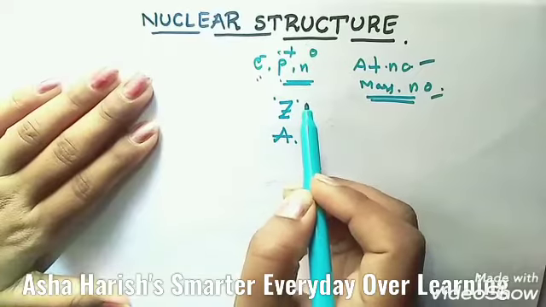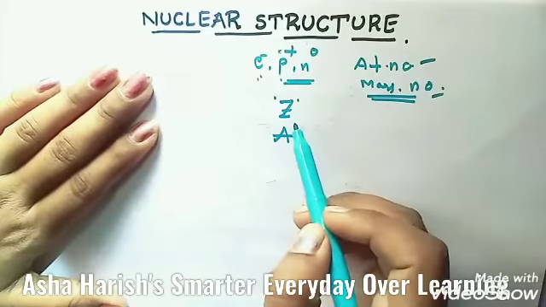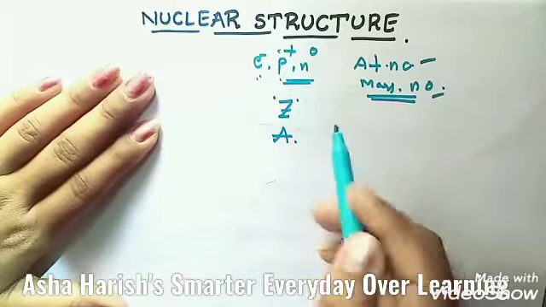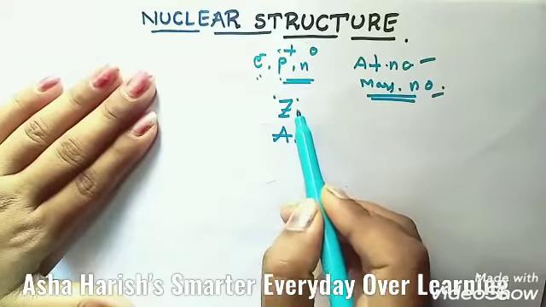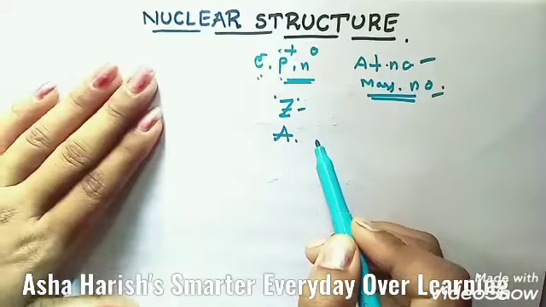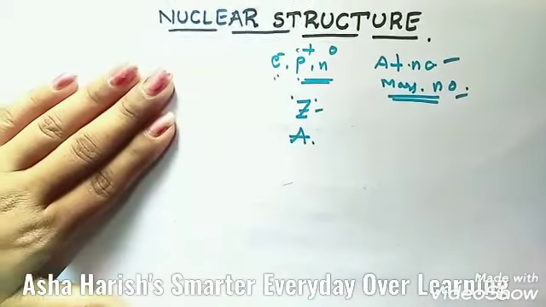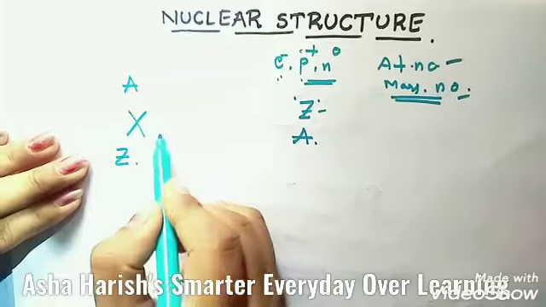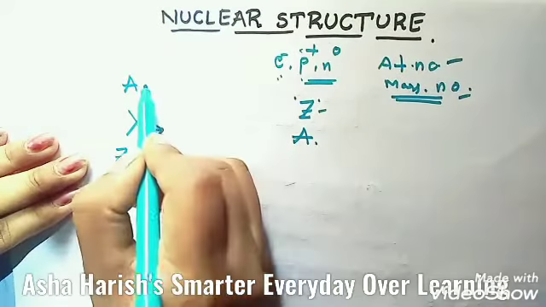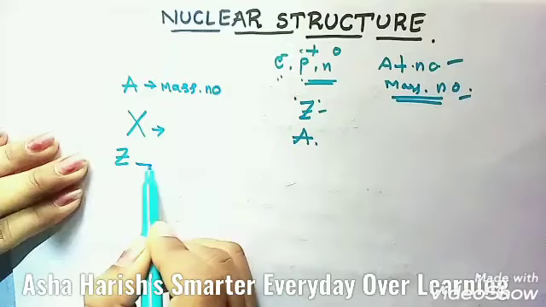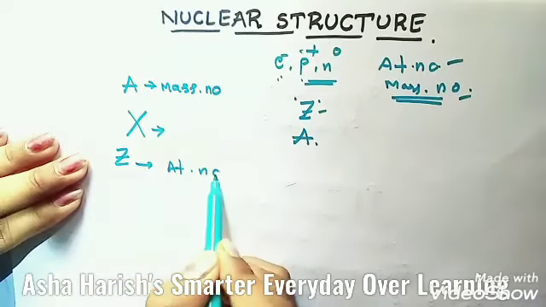If you see the symbolic representation of this nuclear structure, the atomic number is represented by the letter Z and the mass number is represented by the letter A. And dear students, the symbol of the element is X. This is the symbol of the element, A is the mass number, and Z is the atomic number.